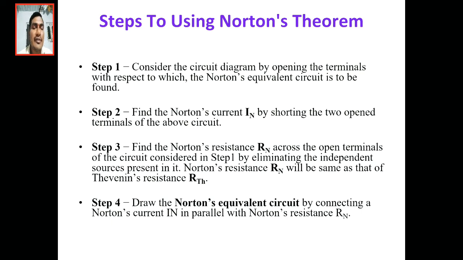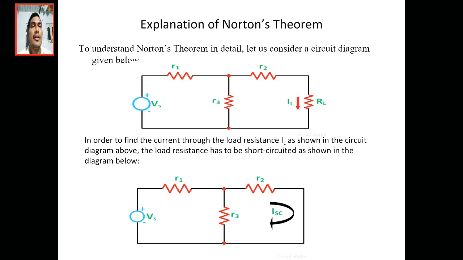In Thevenin's theorem, we removed the load resistance in step 1 and added it in series with the Thevenin's equivalent circuit. Here in Norton's, we removed the resistance in step 1 and we add it in the final step to the Norton's equivalent circuit in parallel.